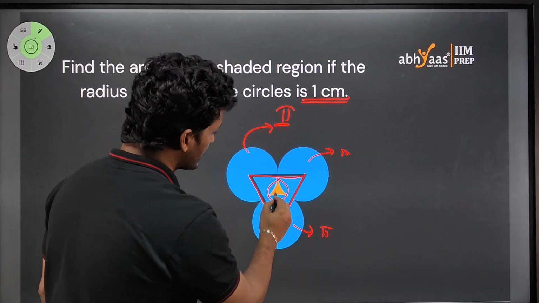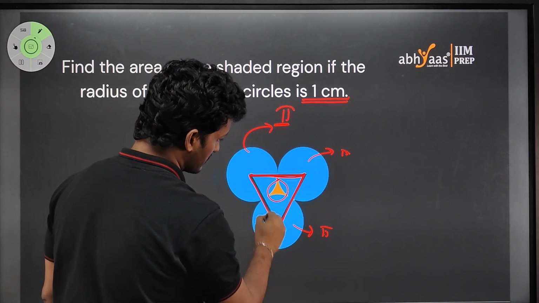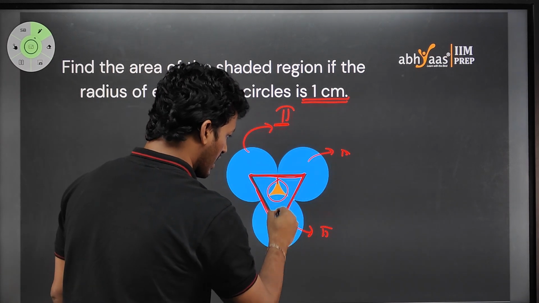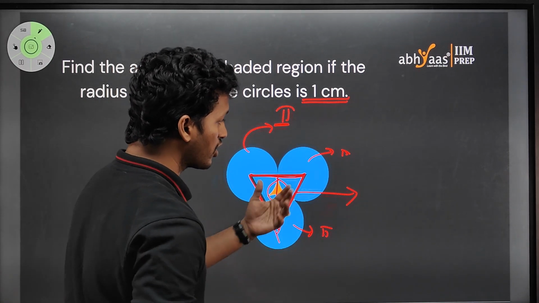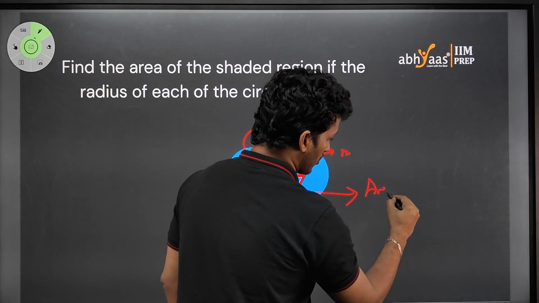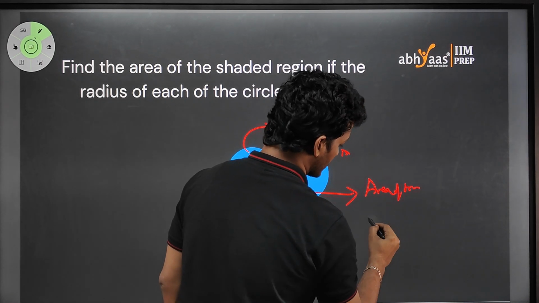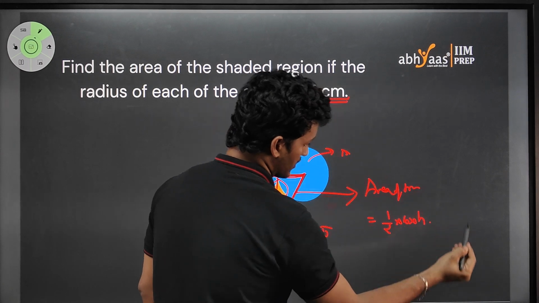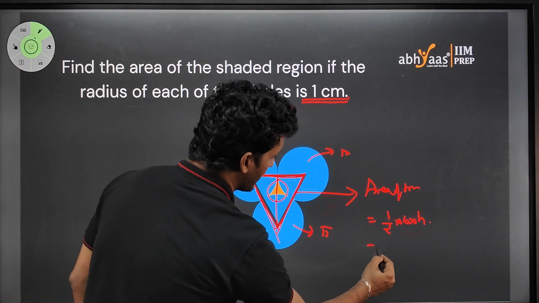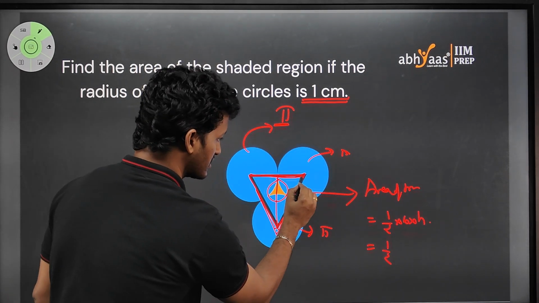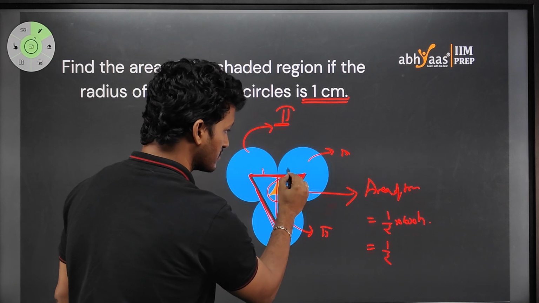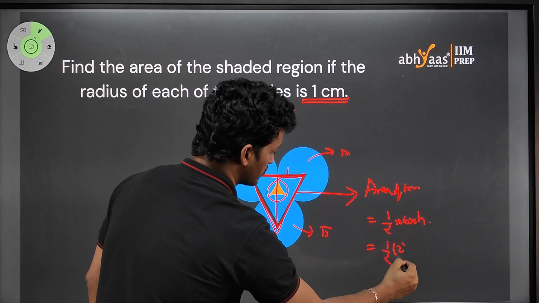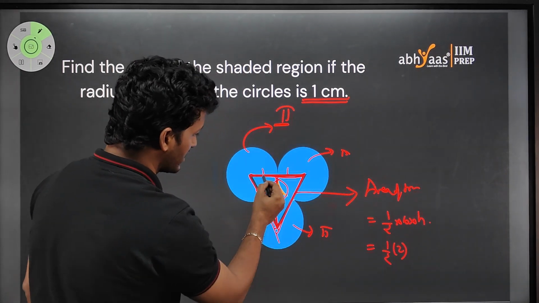This part of the area is nothing but the area of a triangle, which is half into base into height. What is the base here? The base is the addition of two radii, so the base is 2. What is the height?